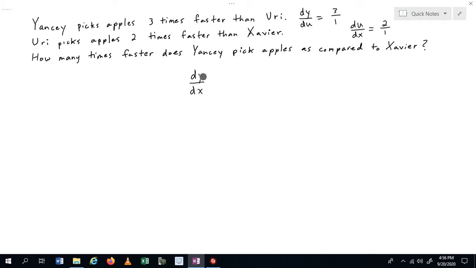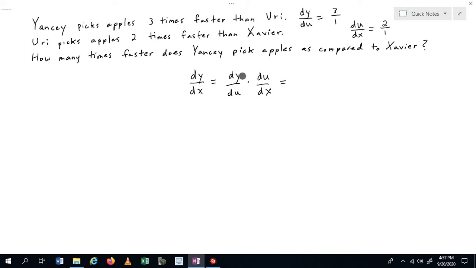Now, we can find the rate of change in y as compared to x by taking the rate of change of y as compared to u and then multiplying it by the rate of change in u as compared to x. And this is why it's called the chain rule, because we're linking y to x by going through u. We're comparing y to u first, and then we're comparing u to x, and that gives us a comparison between y and x.